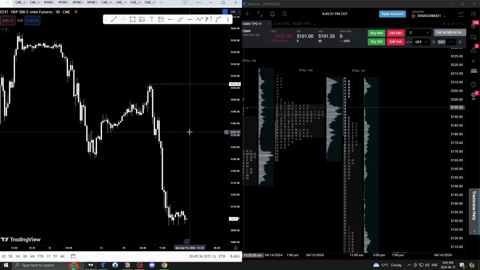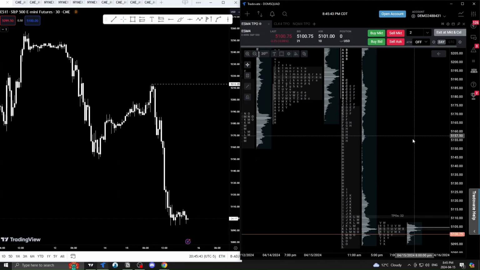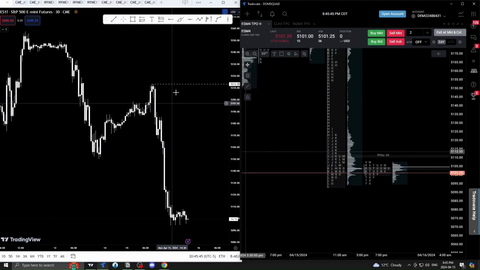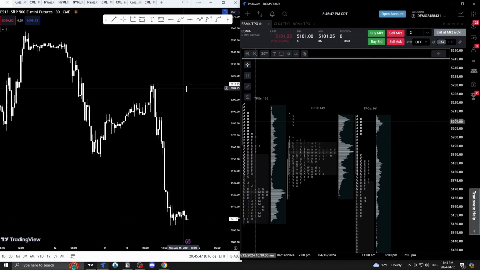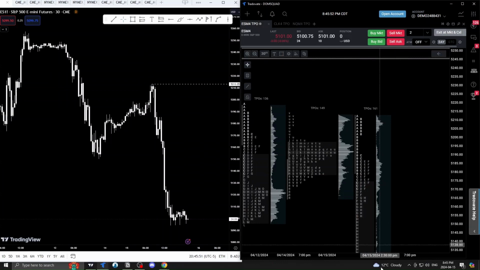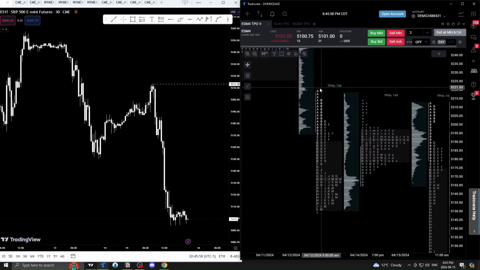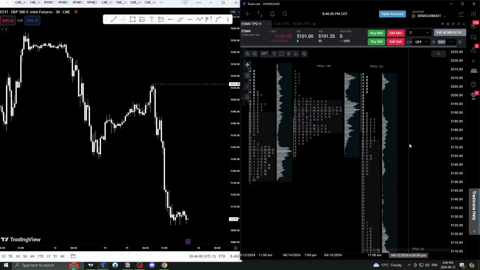Merritt, if you see this, I love the opportunity, but nonetheless, this is an overall target that I have, or overall destination. Single prints typically get targeted a lot easier, or ran through a lot easier, and something with a huge tail behind it, something like this, or something like this.